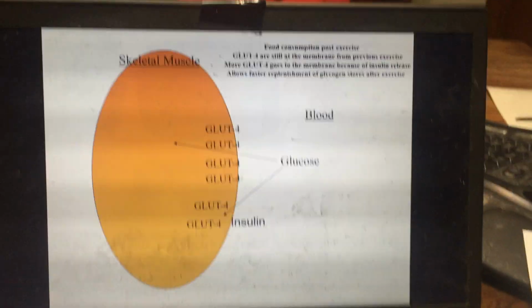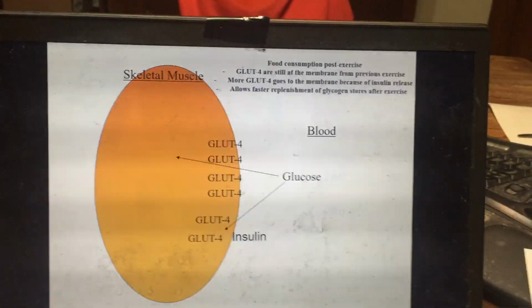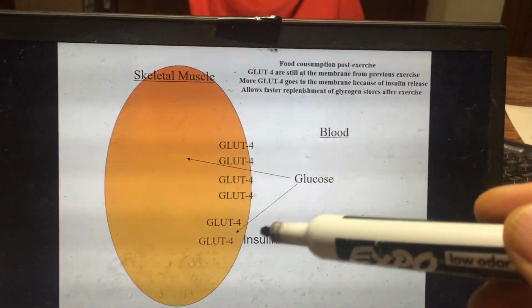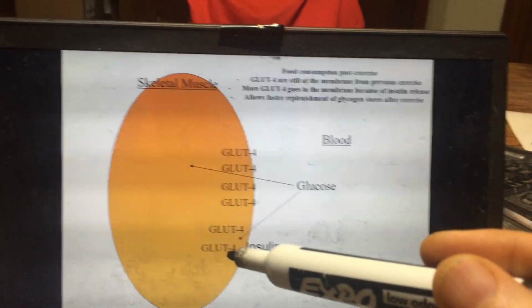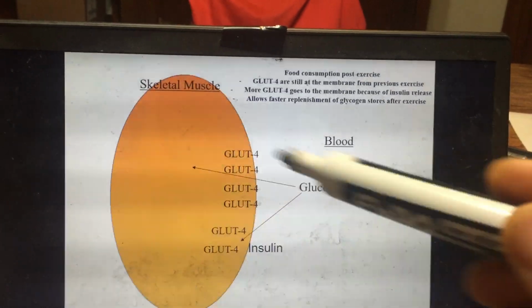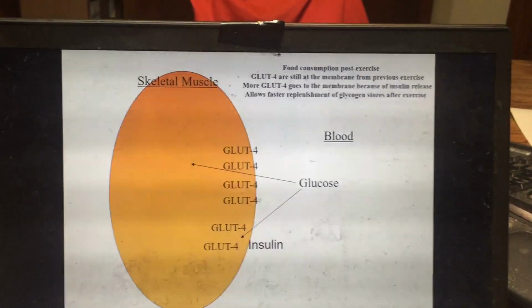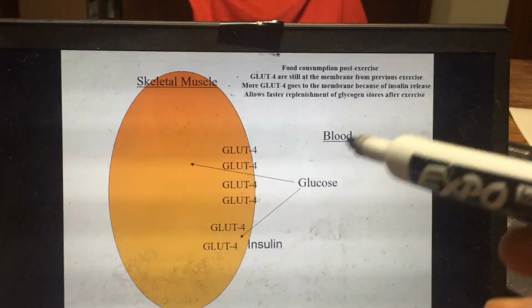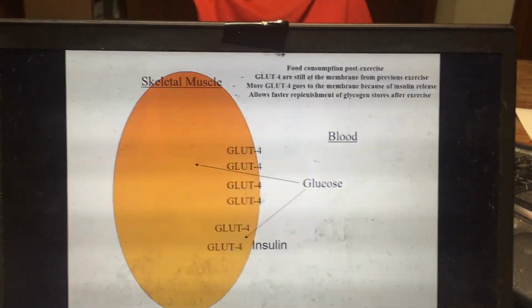This figure that I had up last day shows what's happening if you have high insulin levels after an exercise session, and how that can help take up glucose from the blood into the muscle. And this would allow a faster rate of glycogen resynthesis. So theoretically, a higher glycemic index carbohydrate would allow a greater release of insulin and enhanced glycogen resynthesis post-exercise.